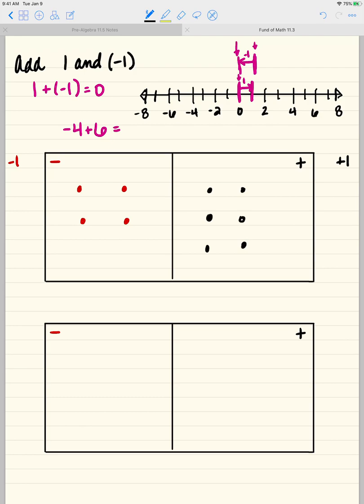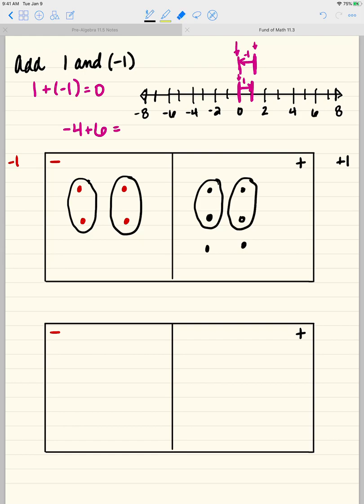Okay, now I want you to get rid of, if you're using something that you can move away, I want you to move away any pairs of red and blacks. Okay, now I'm just going to circle my pairs of red and black. So I have a pair here and a pair here, and I have another pair here and another pair here. If I was using some sort of manipulatives, I would move those pairs completely off my mats now so they no longer exist.